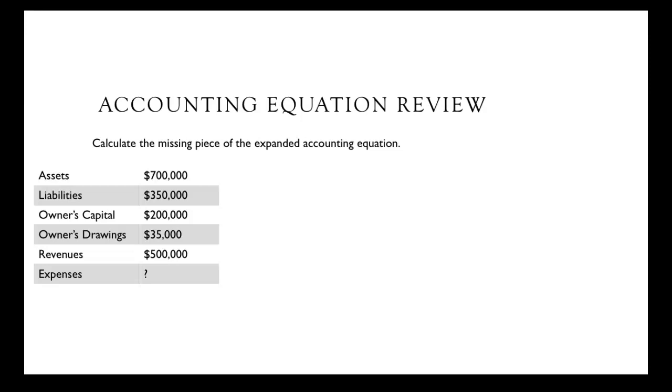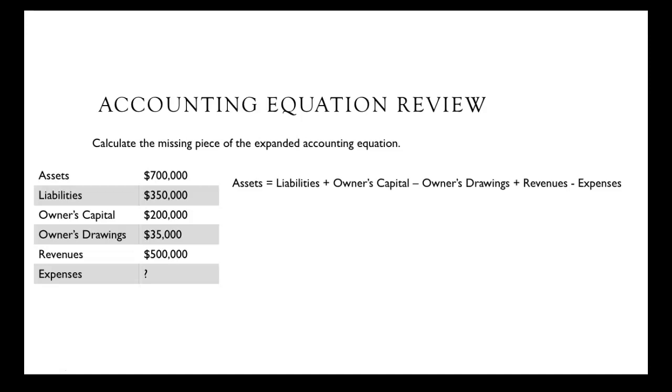So we're told our assets are $700,000. Our liabilities are $350,000. Our owner's capital is $200,000. Owner's drawings is $35,000. Revenues are $500,000. And we need to solve for our expenses.